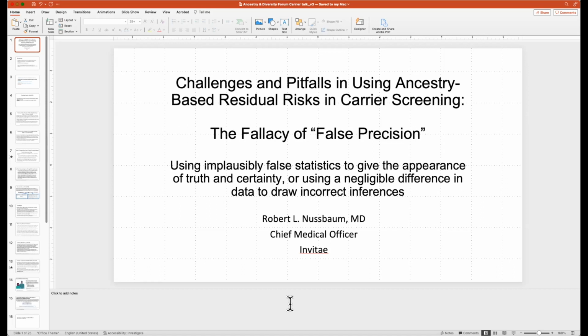And that's why I call this the fallacy of false precision. Yeah, you can do all that, but ultimately does it really provide useful information, or does it just give the appearance of being more certain of what the residual carrier risk is? So I think the points you made are absolutely right.